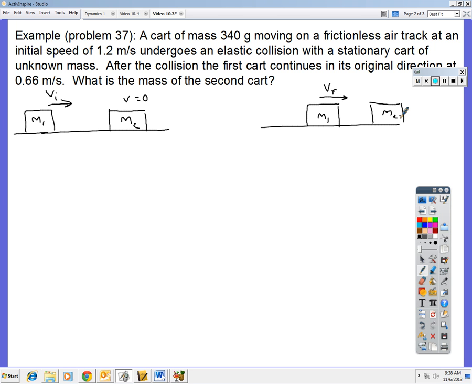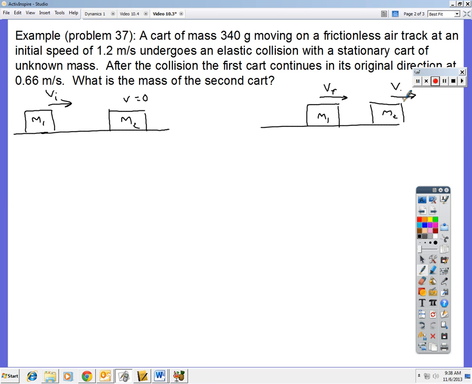We don't know how fast though, but we can say that it's moving in that direction. I'll just call v the unknown velocity there. And we know that v will be larger than vf because m2 cannot have passed through m1. It's very important.